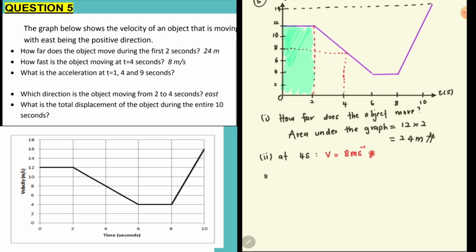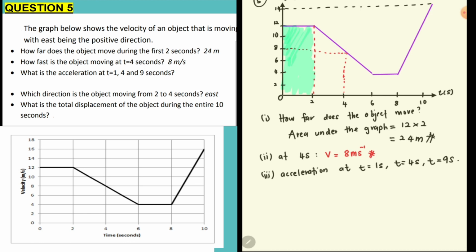Okay, so number 3. What is the acceleration at t is equal to 1, 4 and 9 seconds? Acceleration at t is equal to 1 second, t is equal to 4 seconds, and t is equal to 9 seconds.